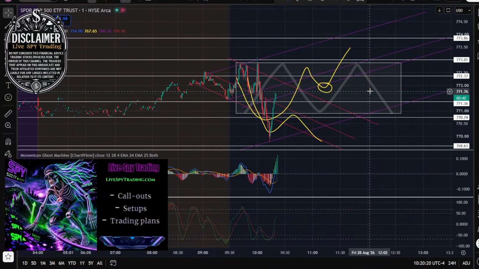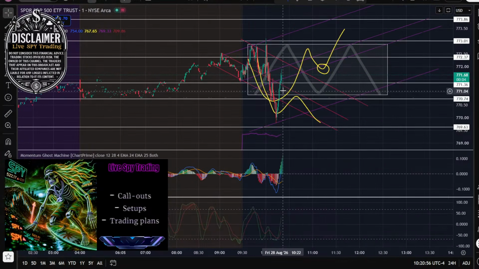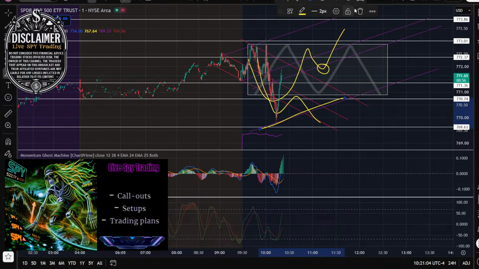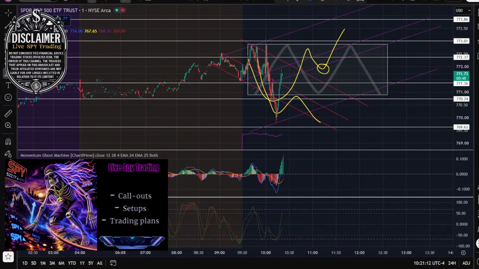There's probably a 50-50 right here on this dotted line, or a little bit above the dotted line. Remember the lesson we had this morning on when to know if it's going to reject.